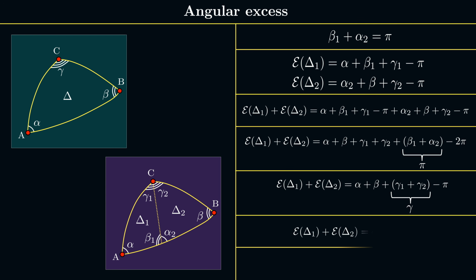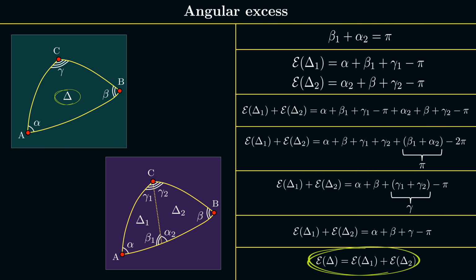From this it follows that alpha plus beta plus gamma minus pi exactly coincides with the angular excess of the original triangle delta. Thus, the angular excess of the large triangle is equal to the sum of the angular excesses of its parts. E of delta equals E of delta 1 plus E of delta 2.